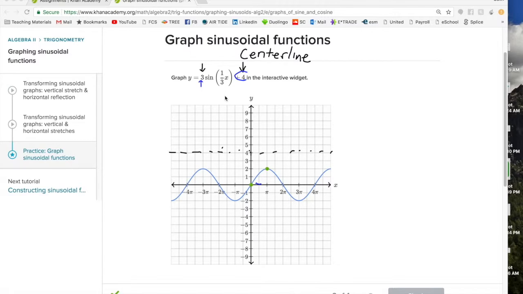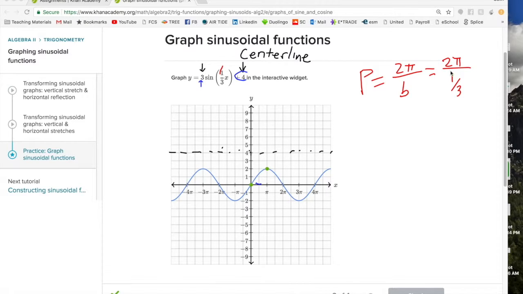Now, this number right in front of the x is what helps us determine the period. The formula we're going to use to find the period is based off this number in front of the x, which we're going to call b. So what we have here is 2 pi over 1/3, which should give us our period.